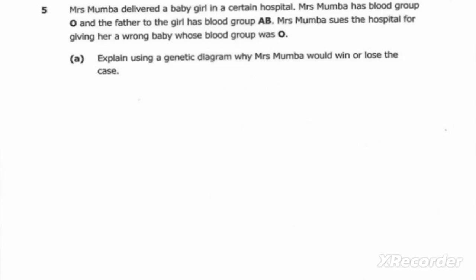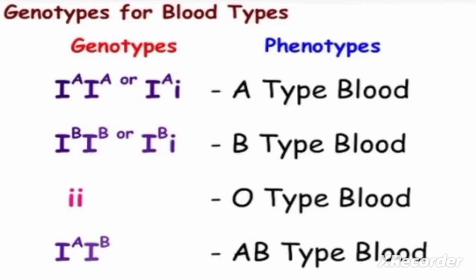a detailed genetic crossing. To make a detailed genetic crossing, we need to understand that, like I said, blood group O is recessive. O is not fully expressed. O is always overshadowed by blood group A, B, and AB. So we have seen that here there is a presence of blood group O, but it has not been expressed.